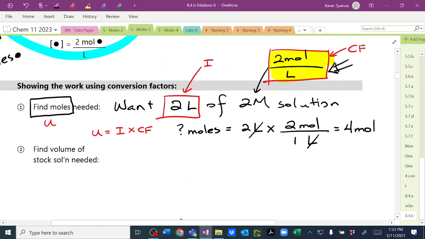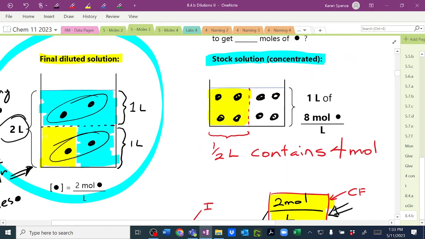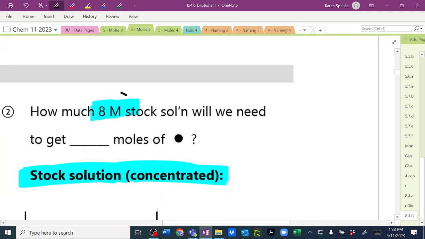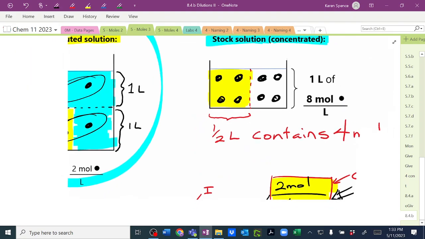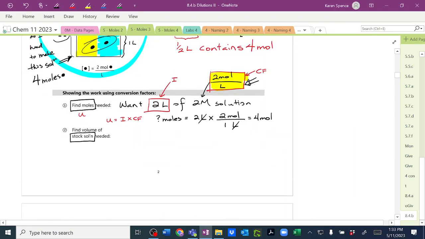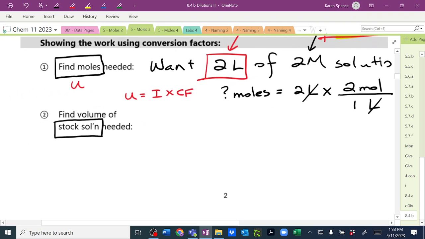Now we want the volume of the stock solution. Do we know anything about the stock solution? Let's go back and look at our stock solution. What do we know about it? We know its molarity. We know that it is 8 molar. Okay, so our stock solution is 8 molar.